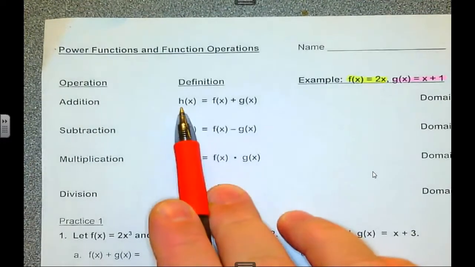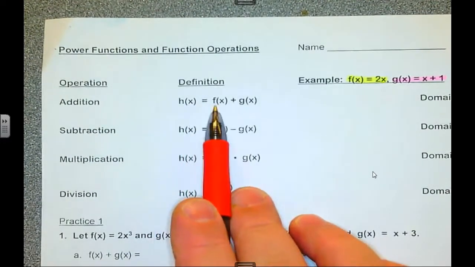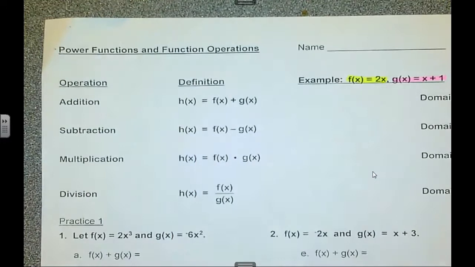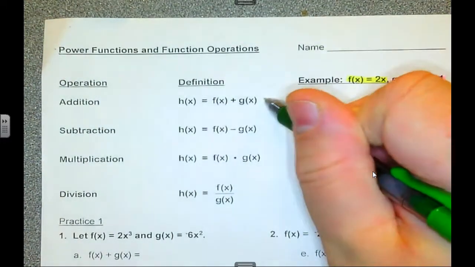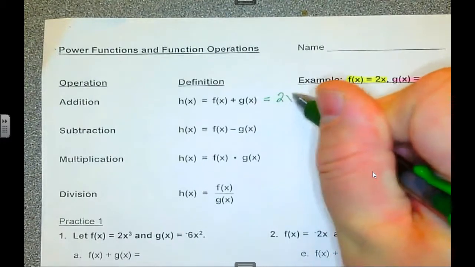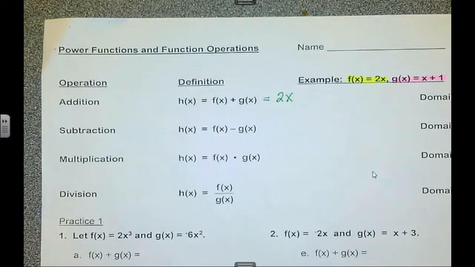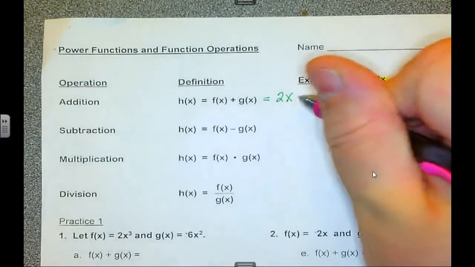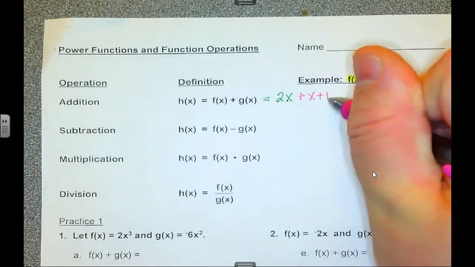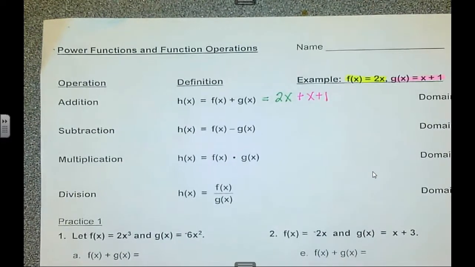Create a new function, the h of x, by adding the f of x, which is 2x, and we're going to add it to the g of x, which is x plus 1. And then we simplify it.